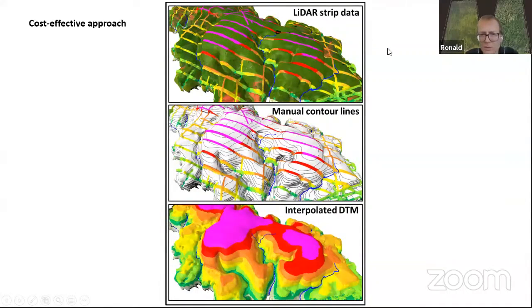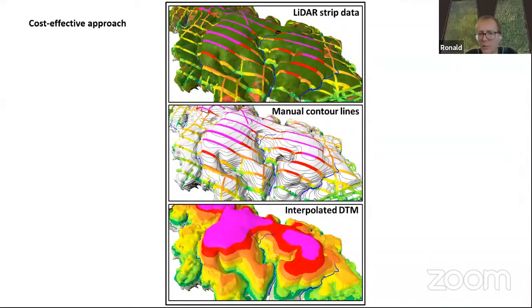This is, for those of you familiar with the area, the Kampar Peninsula, a large peat dome of more than 700,000 hectares. So we have combined the LIDAR strip data and manually delineated contour lines based on the underlying landscape, which we can visualize through other optical remote sensing imagery, and combining the LIDAR strip data and the manual contour lines through interpolation, we get a full coverage DTM.